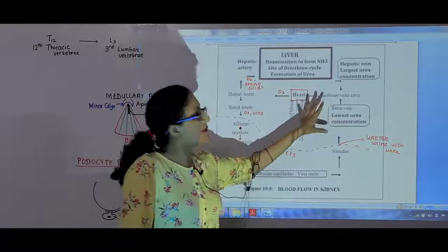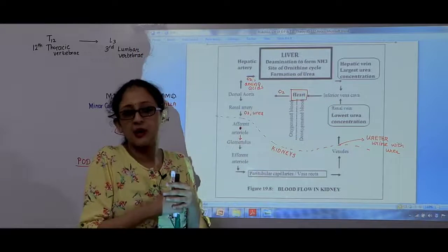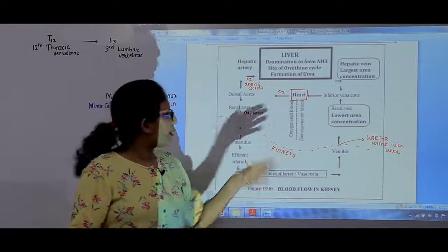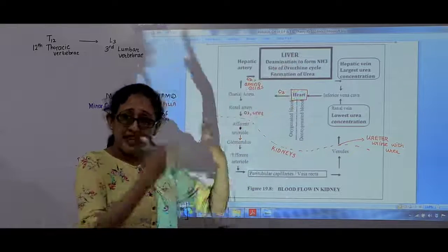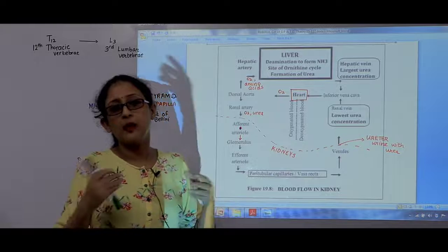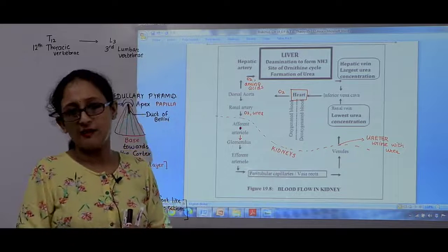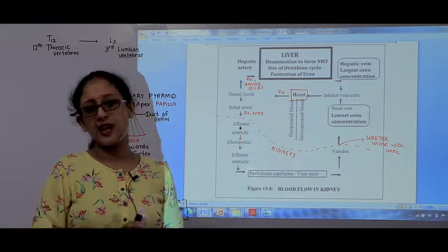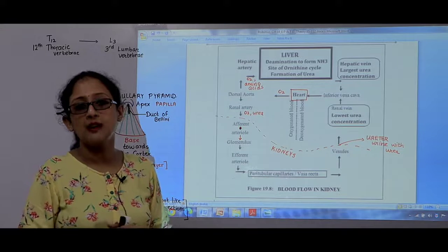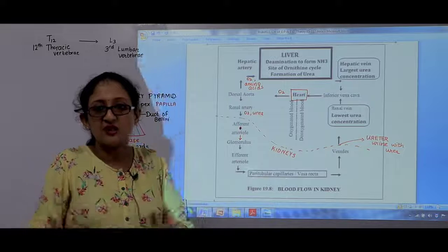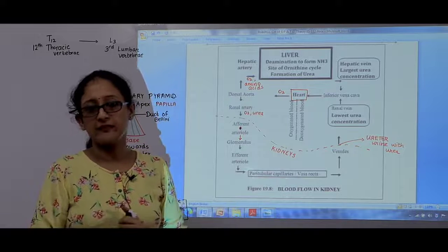So ultimately in the inferior vena cava, everything gets mixed up. Not only the blood from the kidneys or the liver, but the blood from your other organs will also mix up in the inferior vena cava. So in the MCQ, if they ask you which blood vessel has the least urea, it is the renal vein, because just now the kidney filtered it.